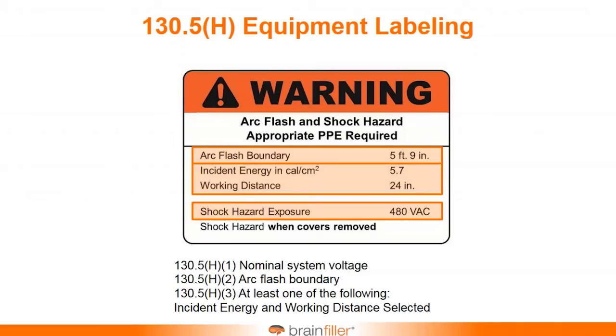And so again, as part of training, you have to make sure that the affected employees recognize that if they see, like in this case, 5.7 calories per square centimeter, that's based on a minimum distance of 24 inches between their head and chest and a possible source of the arc. And if they get closer, that 5.7 is going to go up, and it's going to go up exponentially, and the PPE that they're wearing may not be sufficient.